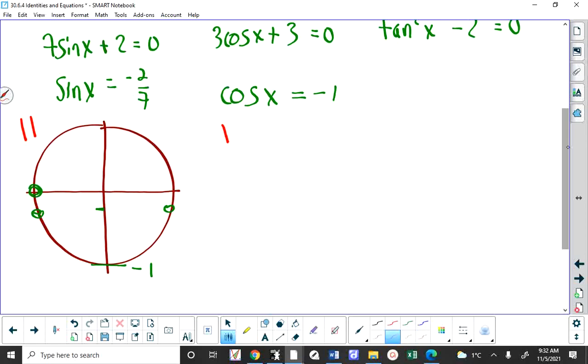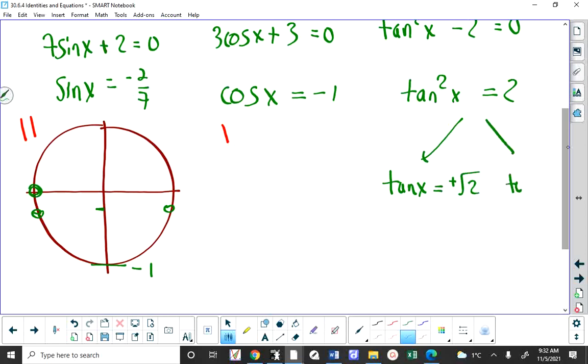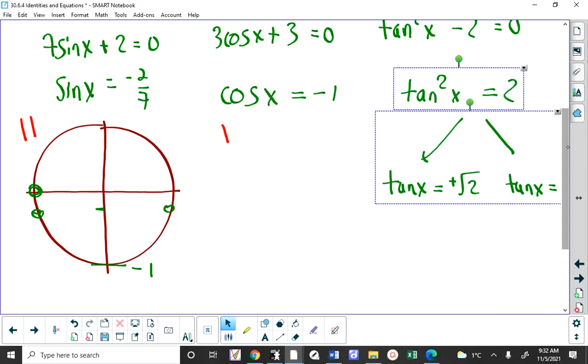Now, when you have this equation and you rearrange it for tan squared of x, you get tan squared of x equals 2. But that means that tangent of x can be equal to √2, or tangent of x can be equal to -√2.